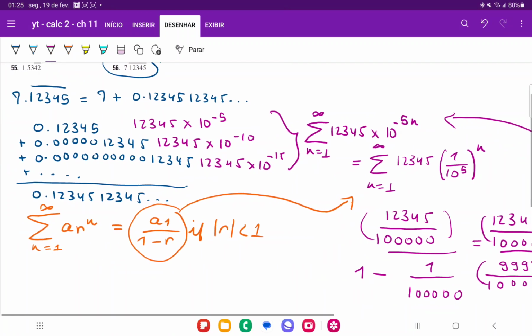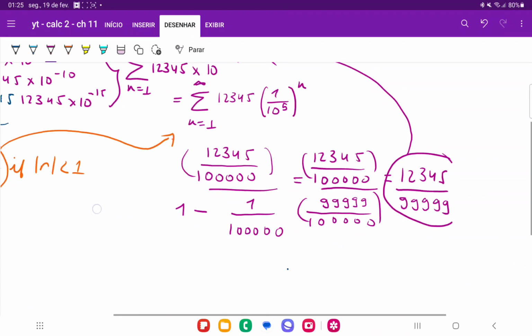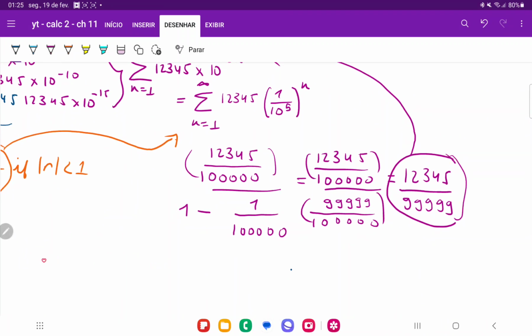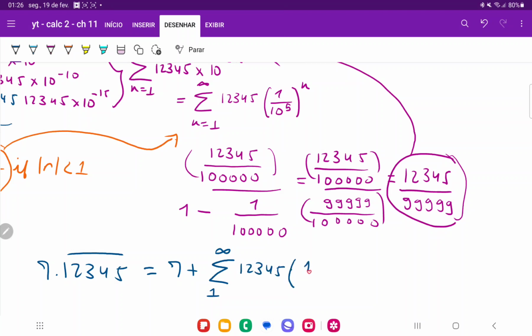So going back to our infinite expansion, what we can then say is that 7.12345 repeating is the same thing as 7 plus the sum from 1 to infinity of 12345 times 1 over 10 to the power of 5, to the power of n, and that's just going to be 7 plus 12345 divided by 99999, and now we have to plug that into our calculator.